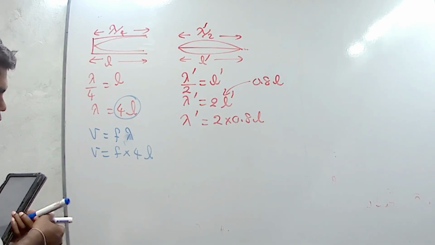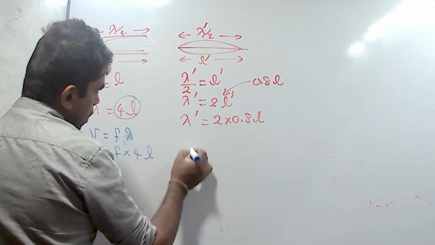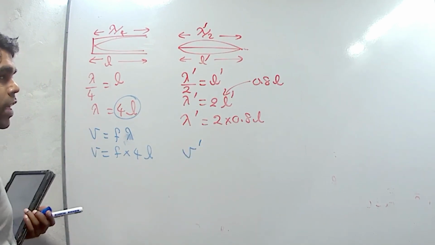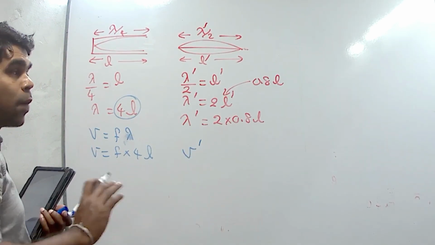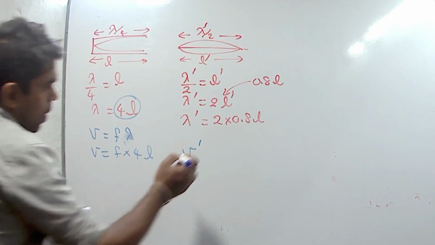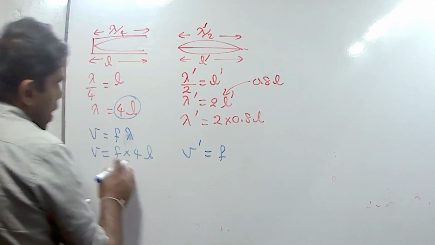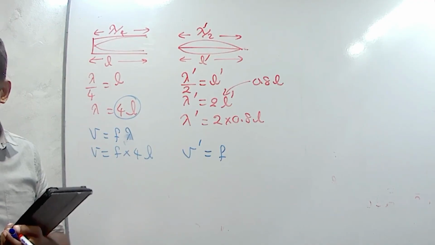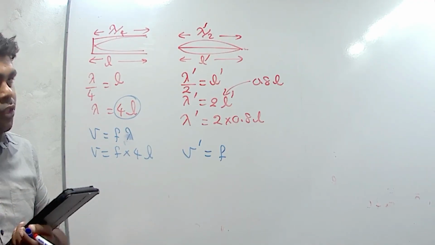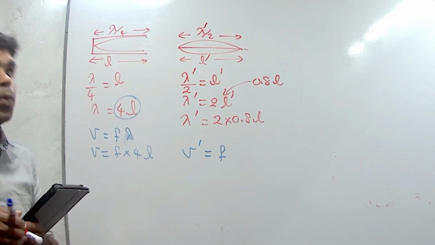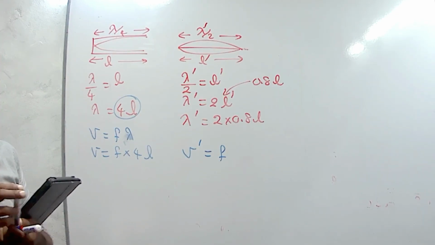For the string, I will consider the velocity of the wave in the string as V dash. Frequency is the same as this one because they have given that the tube and string are resonating. When two objects are resonating, frequency should be the same.